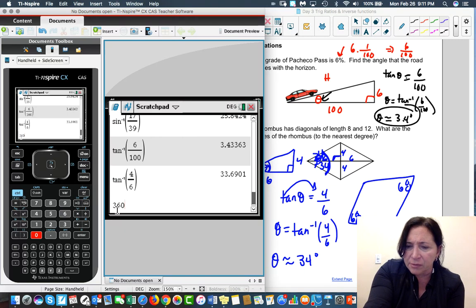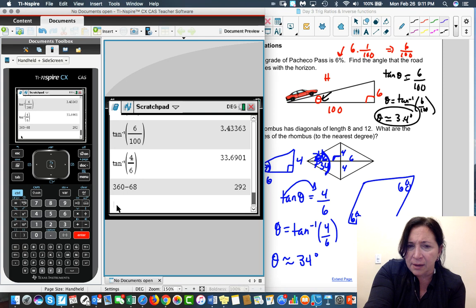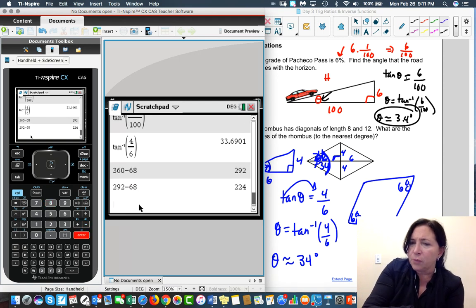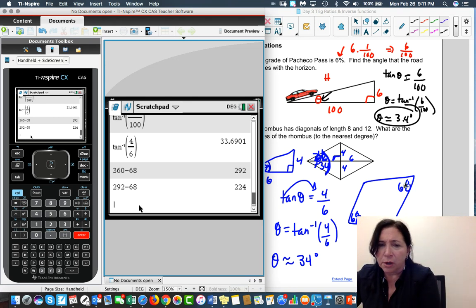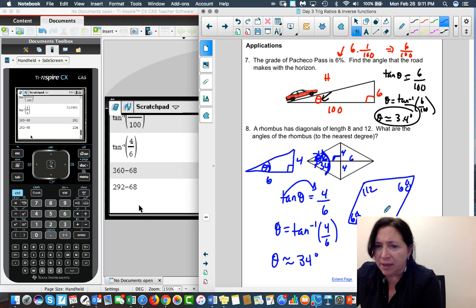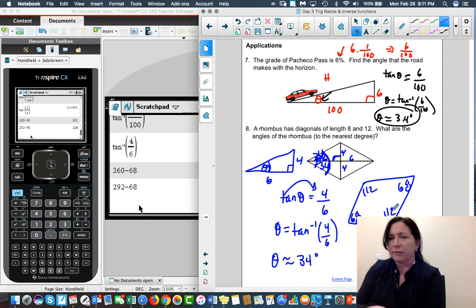So we subtract 68 and get 292, minus 68 again, and I get 224, which means the other two angles share 224, so this is 112 here, 112, and this is also 112.